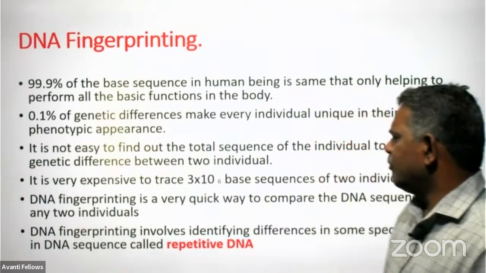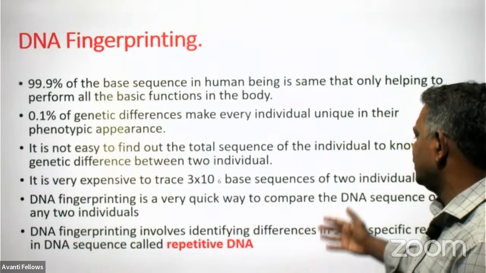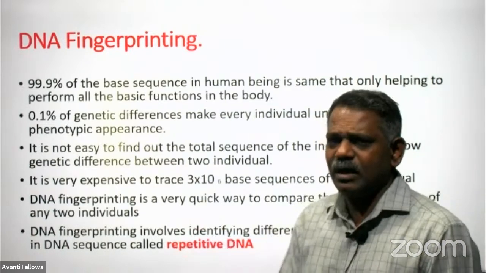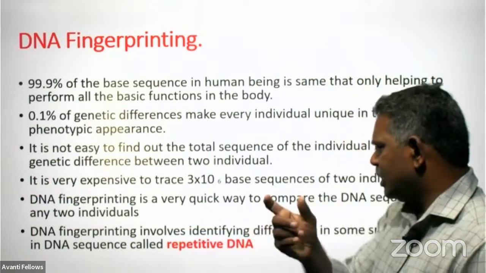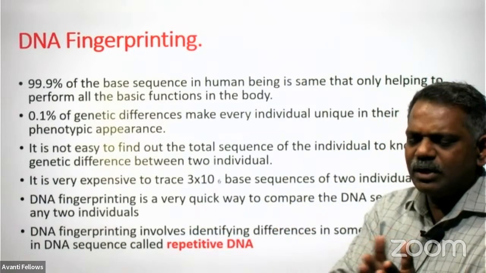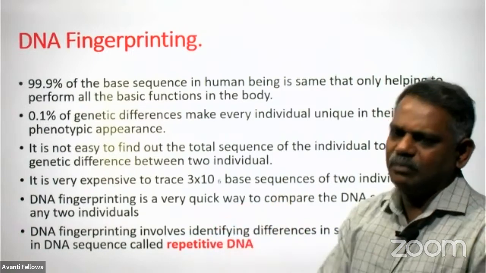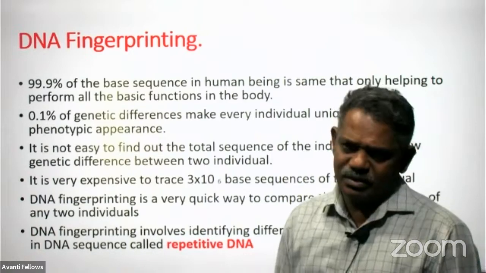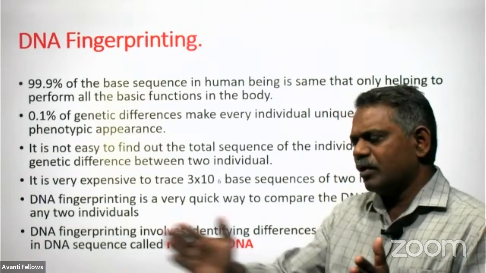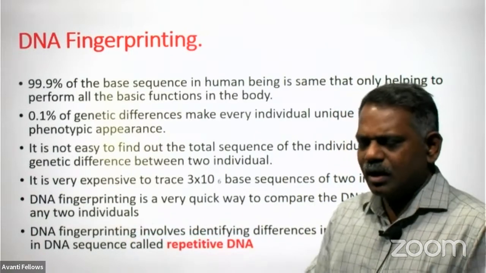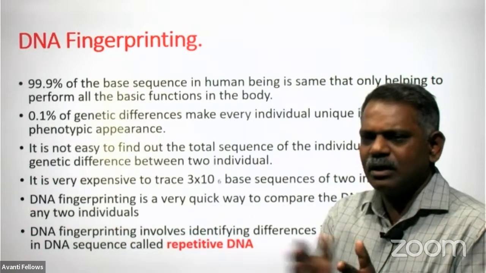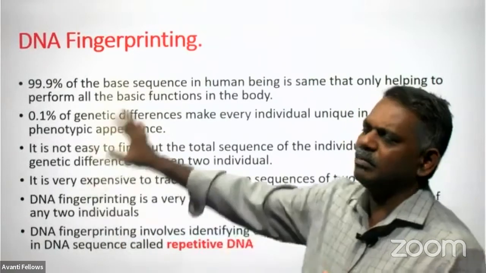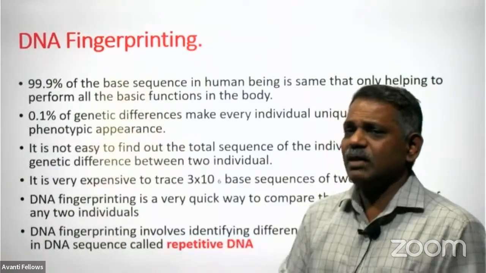Actually, DNA fingerprinting involves identifying the differences in some specific regions of the DNA, not the entire length of DNA. We take only specific regions where the same sequence repeats many times, and we call it the repetitive sequence of DNA. For example, G repeating 100,000 times, or a particular sequence like A, C, T repeated many times, but not having any function in the body.